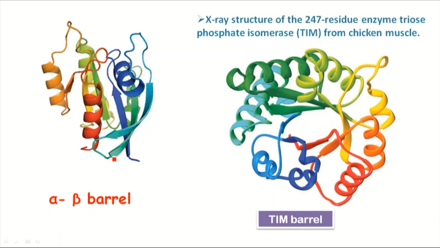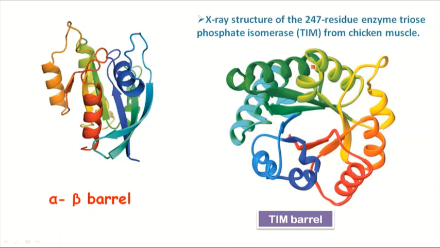In this TIM barrel, it is a short cylinder-like structure in which 8 beta strands form the inner barrel and they alternate with alpha helices. Alpha helices cover the periphery, beta strands are in the inner part and alpha helices are in the periphery.